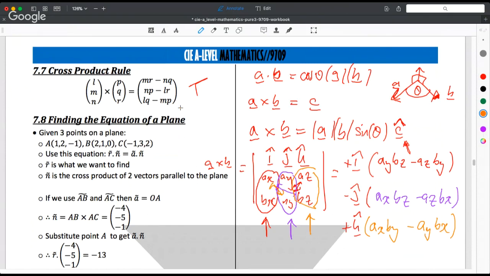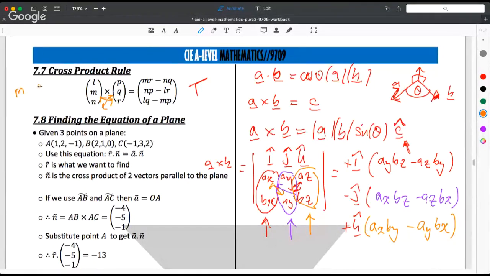You could just remember this thing, to be honest, as well. This is sort of the same thing. So, okay, we're figuring out the I component. We take M times R, and then we take away N times Q. And then when we're figuring out the M component, there's a minus sign, and it's N times P. So, is there a better way to draw this?